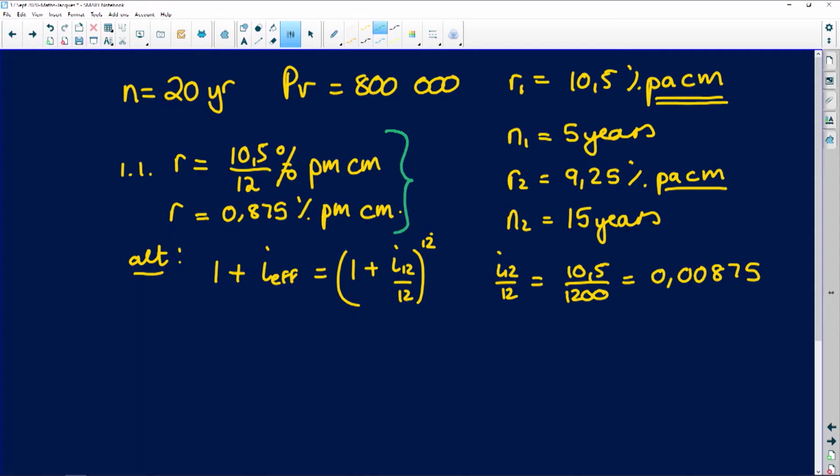I like this top one. This is what we are going to use going forward in our problem. Okay, we need this to read per month, compounded monthly, which is what we get over here. So all that's left for us is to change this R1 into an I1 going forward.